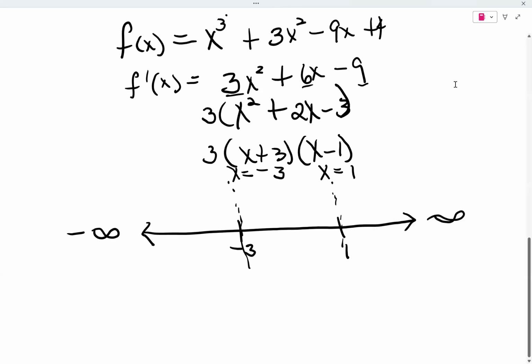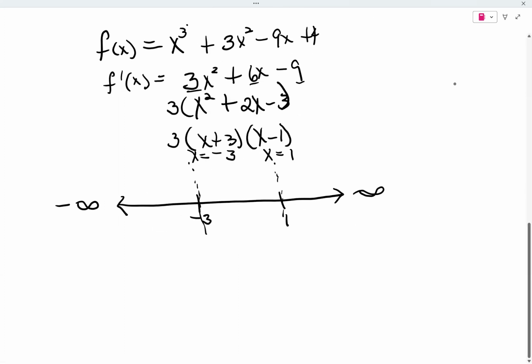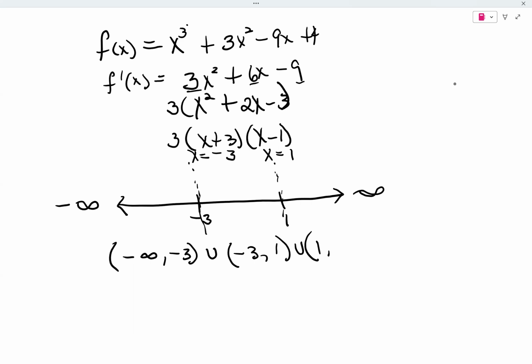So that means that your values are sitting in intervals from -infinity to -3, union, not inclusive, -3, 1, again, not inclusive, union, again, 1, infinity, not inclusive.